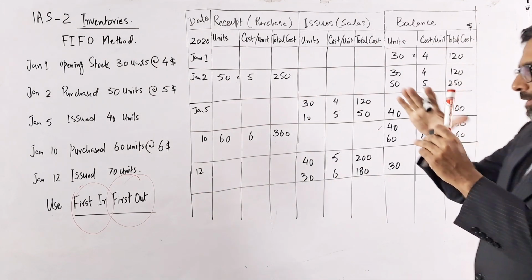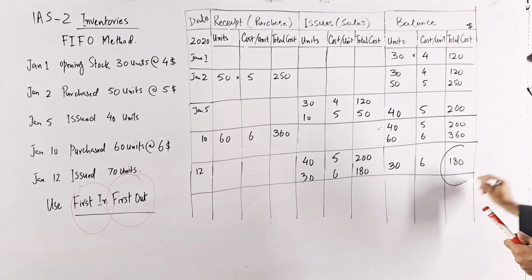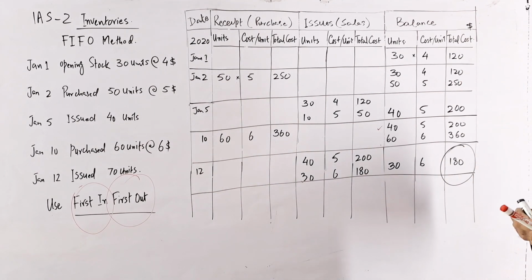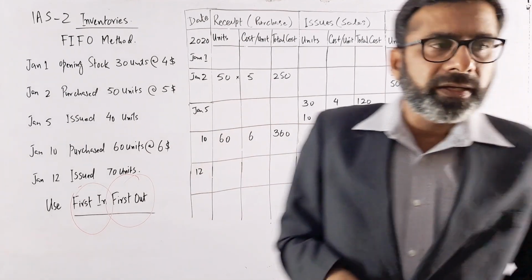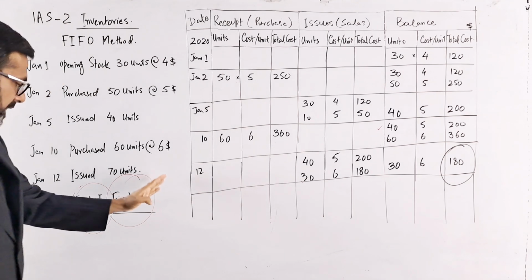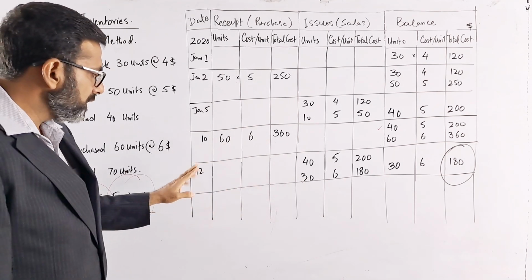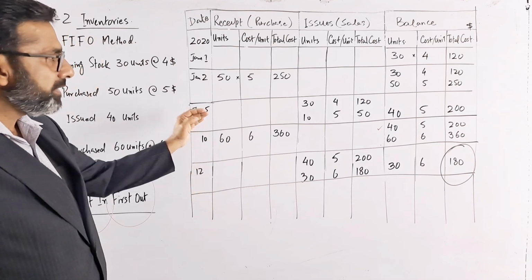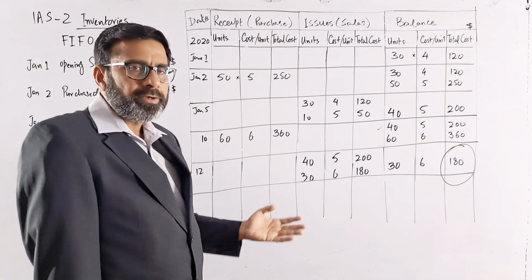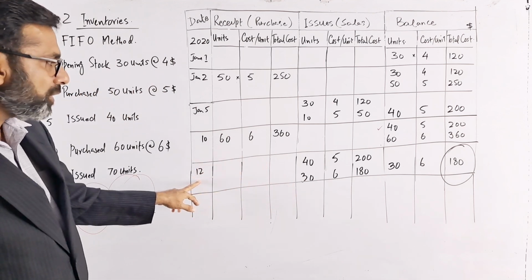Now what is the purpose of all this calculation? Because we want to know this. Basically this is the main thing which we need to calculate. At the end of the month, for example, we are considering there is no more transaction after this, so on the 12th of this month they want to know the value of inventory, the value of the closing stock or the merchandise. So how many units do they have?